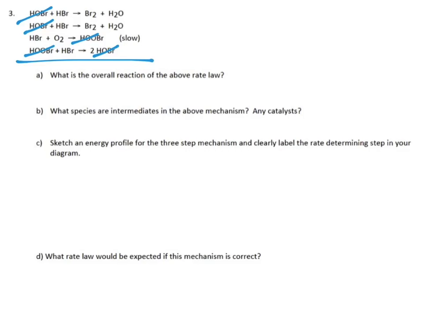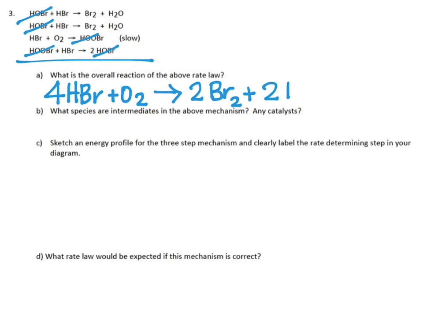Anything else? Nope. Let's write the equation. How many HBrs do we have? 4 HBr plus O2 produces 2 Br2 plus 2 H2O.